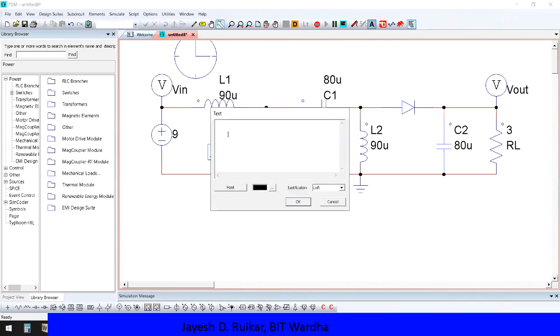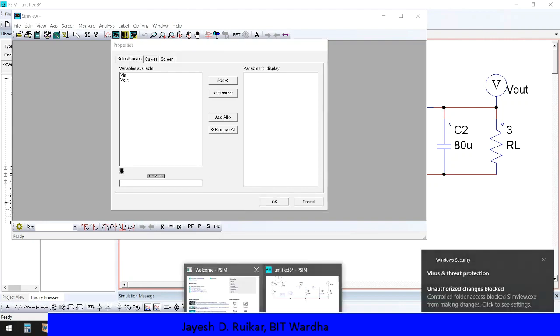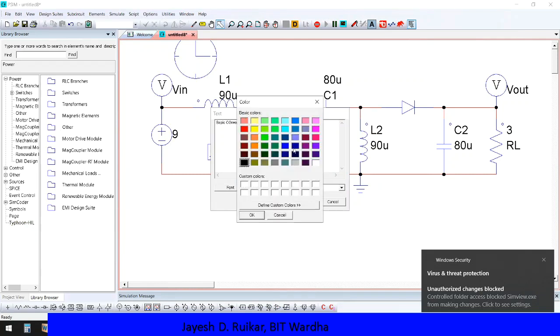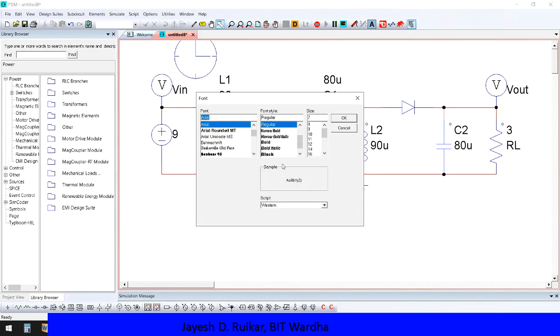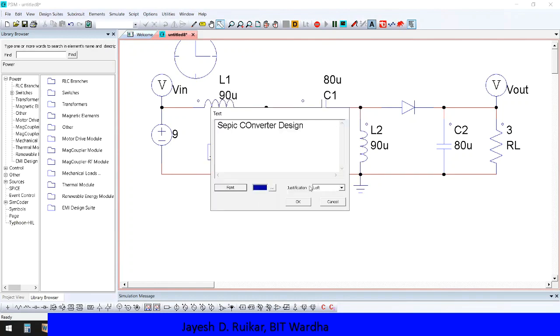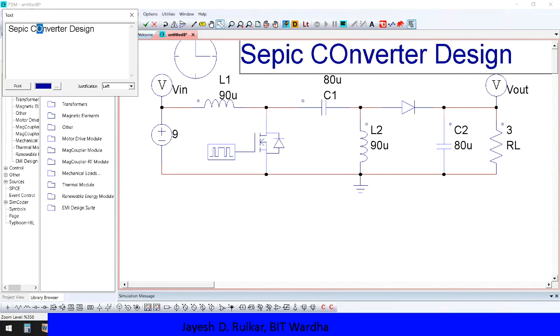I will give the title name, Sepic converter design, and we'll change the color, and then I will change the font to 60. Okay, so I will keep it here. Let me make it small.